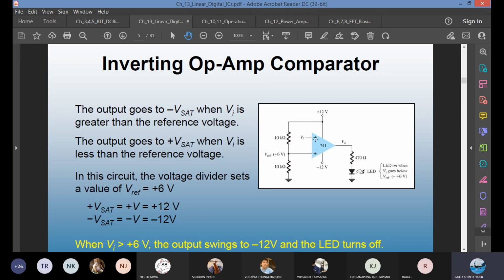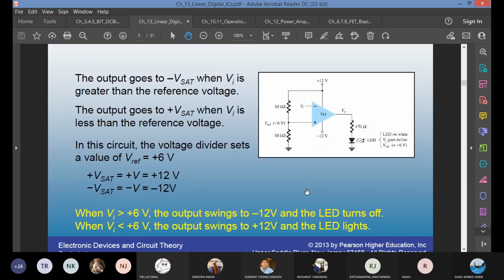the input is given on the minus pin. Now you have to see, when the input pin is greater than the reference pin, what is going to happen? V minus is greater than V plus. It will go to the negative saturation.